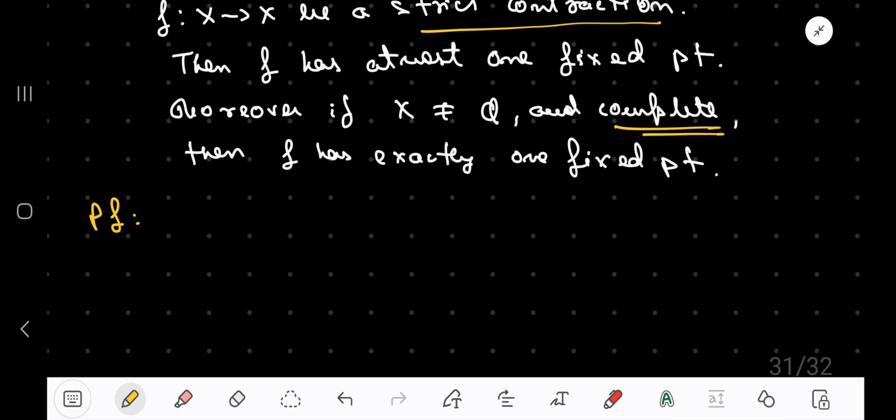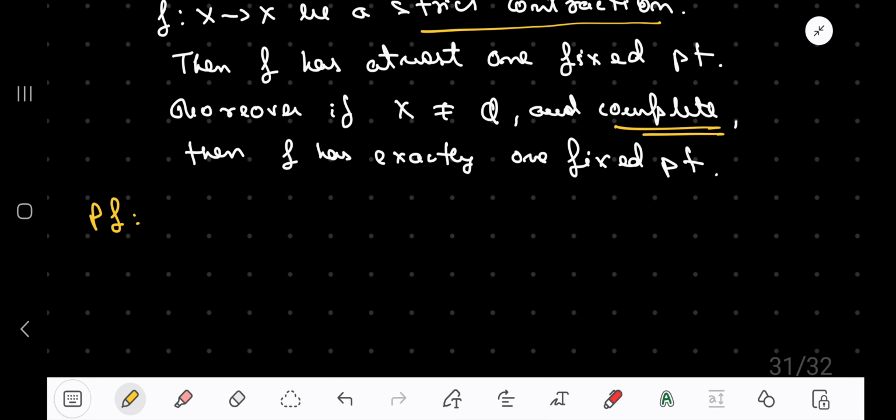From here it clicks as an idea: if I have a sequence which is in some sense related to this map F, which will eventually become Cauchy, it will converge to some point, and that point might give you a fixed point. If the convergent point should give you a fixed point, then this sequence must be recursively defined in terms of F, right?